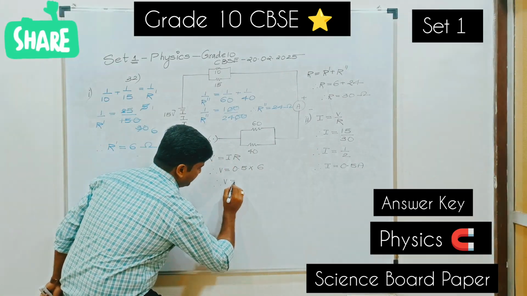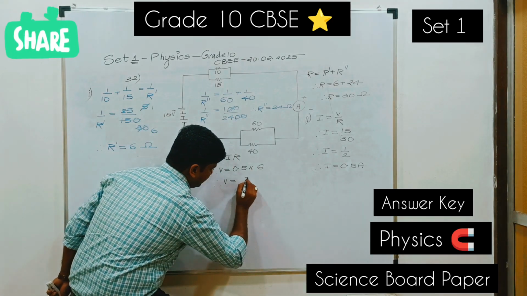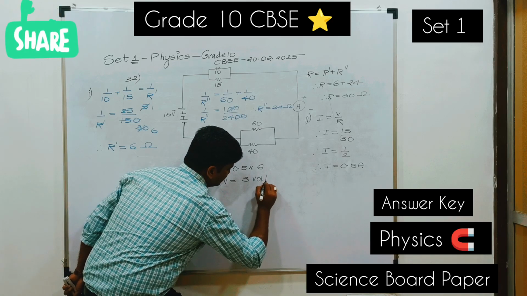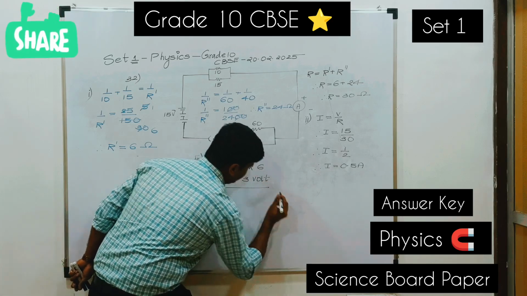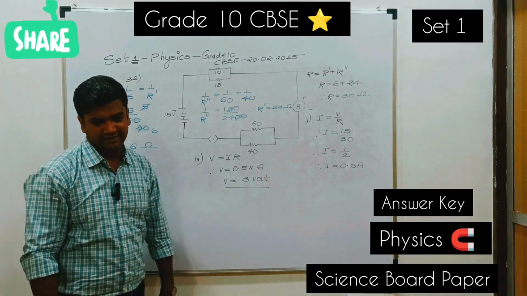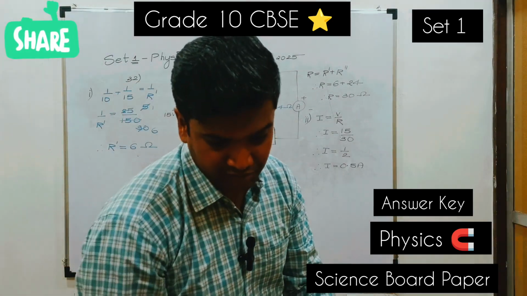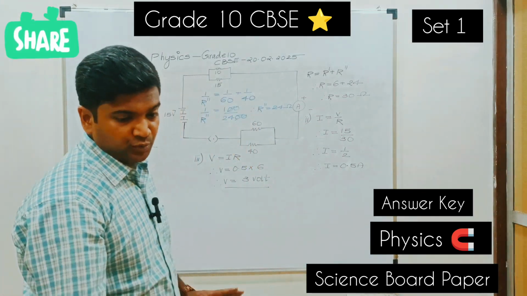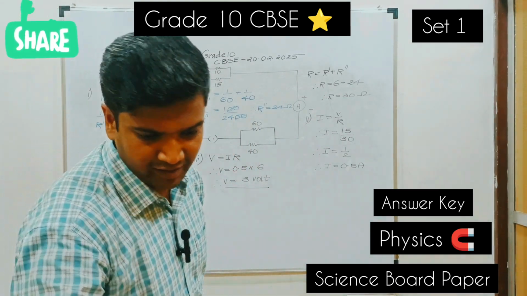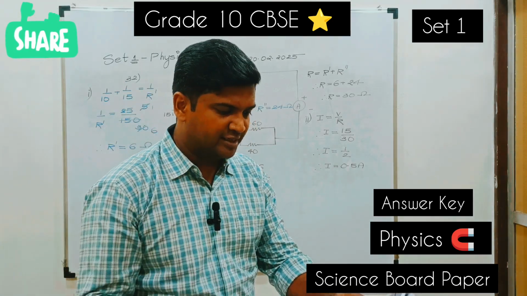So total voltage will be 6 5s are 30, but I'll be getting 3. So in the end, the potential difference across this would be 3 volt. Done. Okay. So this is which question number? 32 ka I have given you the entire working.